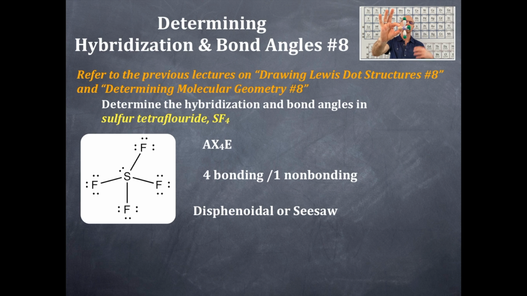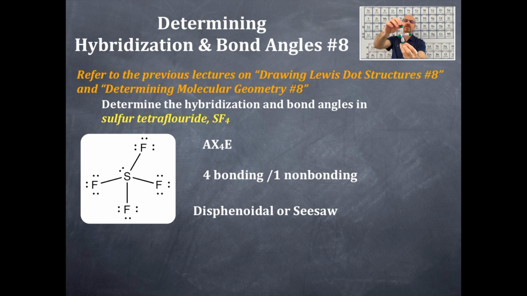That is because the trigonal planar structure has bond angles of 120 as opposed to the poles at 90. Lone pairs need more space. That's why they're in the plane. So this is disphenoidal or seesaw. Hopefully you can see that.